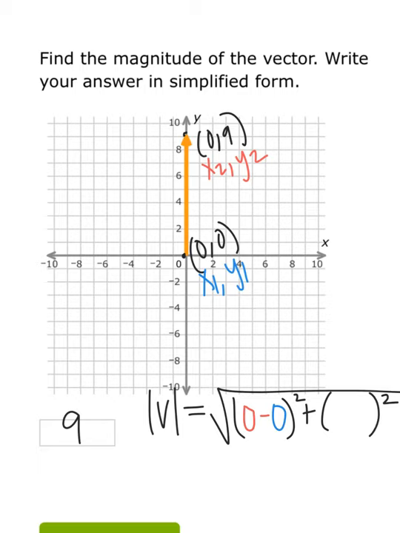Well, my y2 is 9, and my y1 is 0. So whenever I evaluate this, I would end up with the square root of 81, which equals 9. So either way, you'd get the exact same answer.